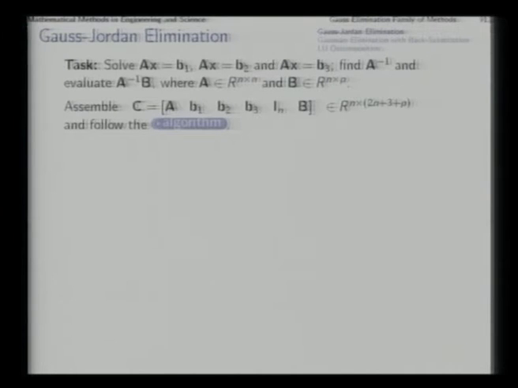The algorithm is actually very simple, what we have already studied. In the algorithm, we apply elementary row transformations to systematically reduce the matrix A to an identity.